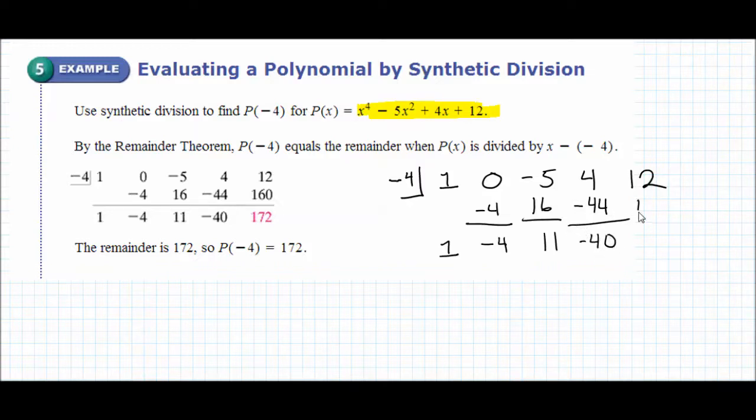Negative 40 times negative 4 is 160, so 172. So the remainder is 172. So p of negative 4 is 172, where the number on the left represents the negative of the coefficient of the divisor.